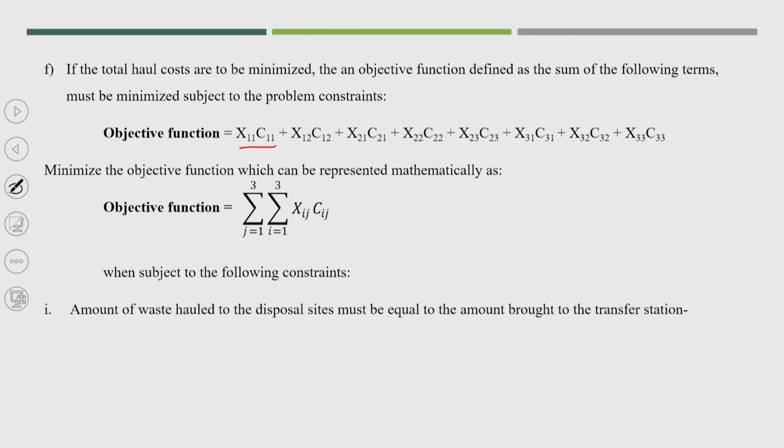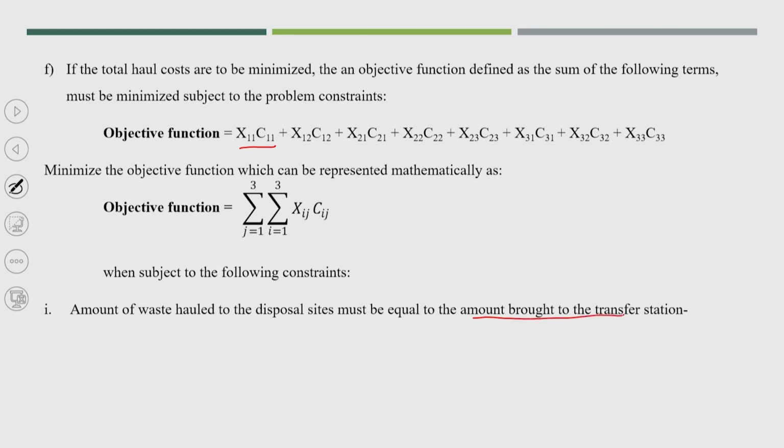This objective function is subject to the following constraints. The first constraint is that the amount of waste hauled to the disposal sites must be equal to the amount brought to the transfer station.